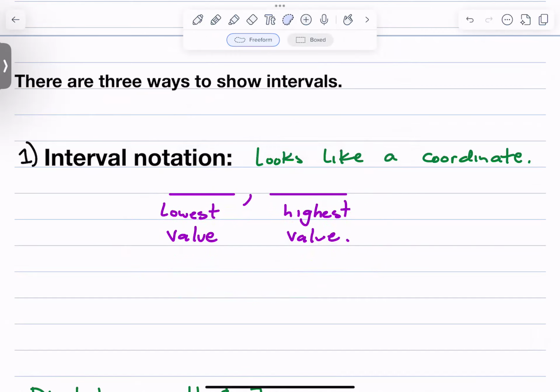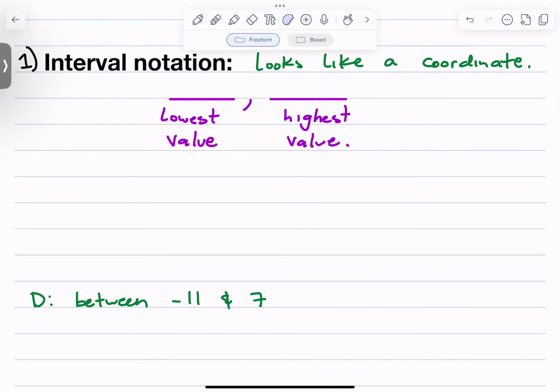So just based off of that, if my domain is between negative 11 and 7, my lowest value is negative 11, comma, my highest value is 7, right? Lowest, comma, highest. Simple, easy, okay?